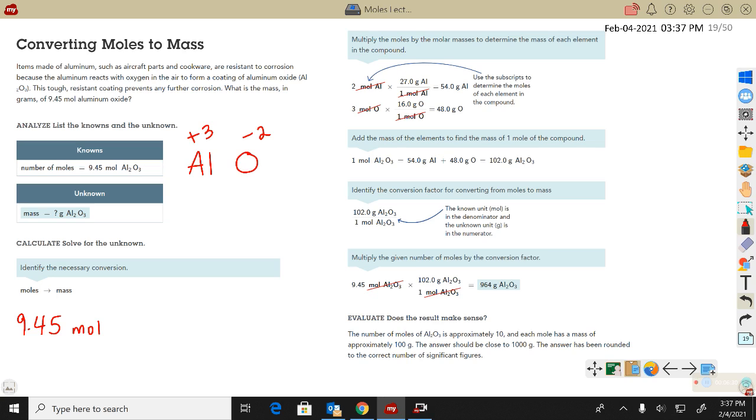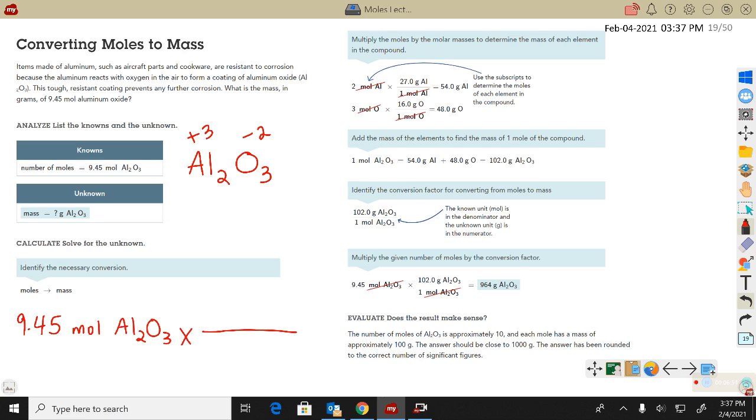I've got to make it neutral. You could either multiply that 3 times 2 and the 2 times 3, or you can crisscross the charges. But I do need to go back to writing some of these formulas. Again, they told me, so this one I was in the clear, but that won't always be the case.